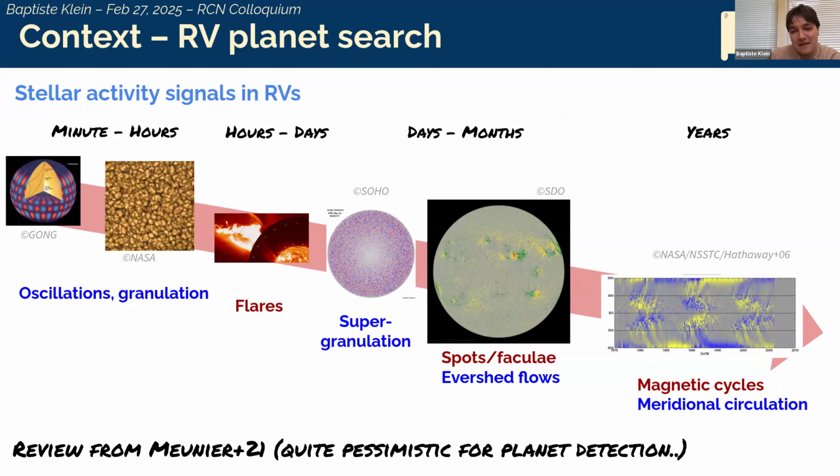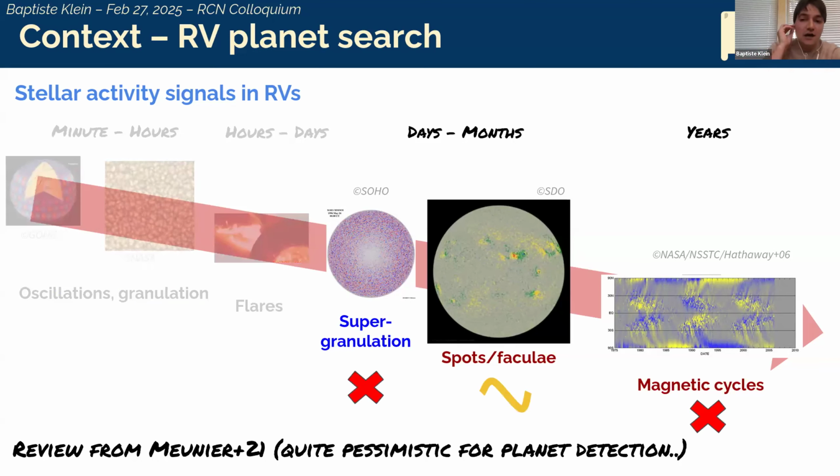There are other circulation issues that are barely mentioned and that I will not talk about, like the Evershed flows around stellar spots, and meridional circulations as well. What I put in red are the effects linked to magnetic activity, so flares on relatively short time scales. What will interest me today is mostly the signals that are due to spots and faculae and magnetic cycles. So this is really what I will tackle today. Supergranulation, I will not talk about because I don't know how to filter it, but I will talk about the two effects on the right.